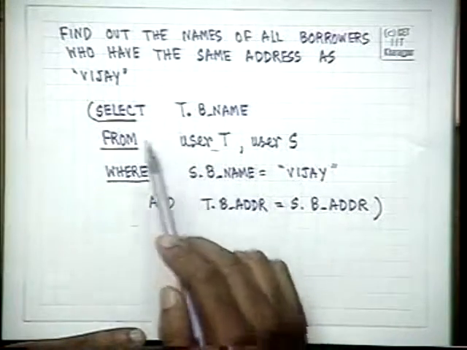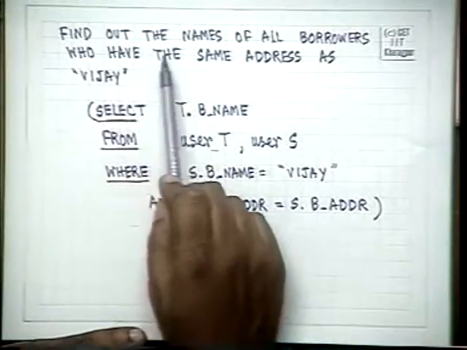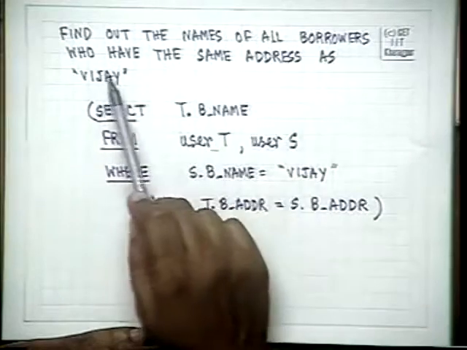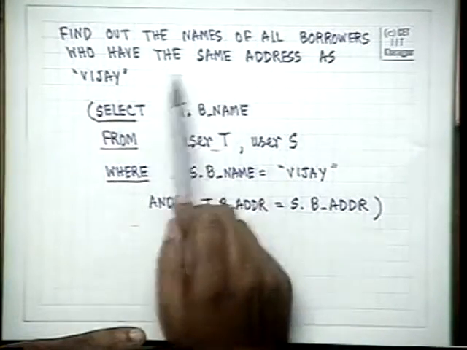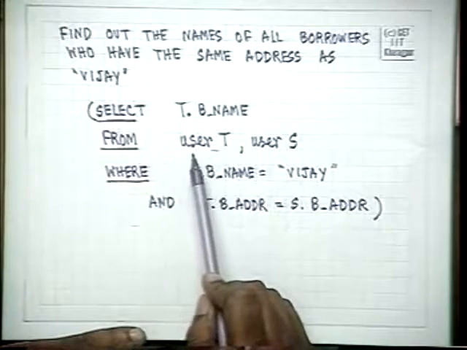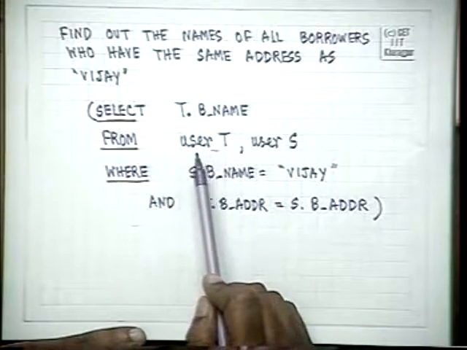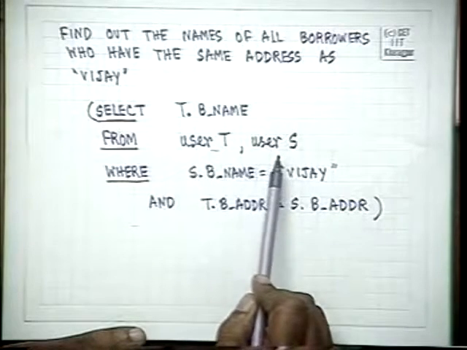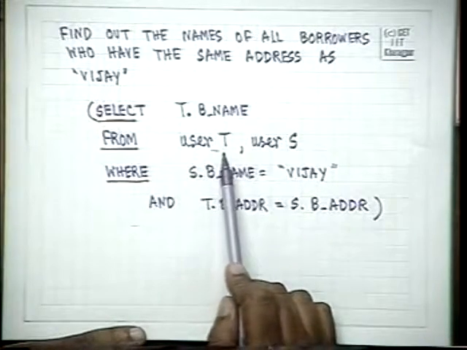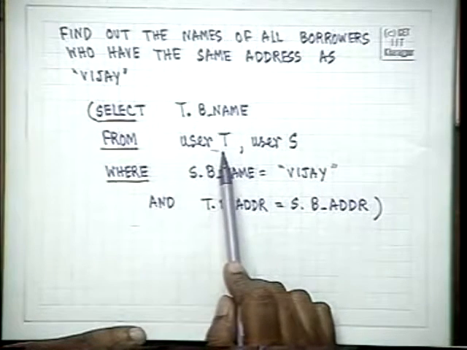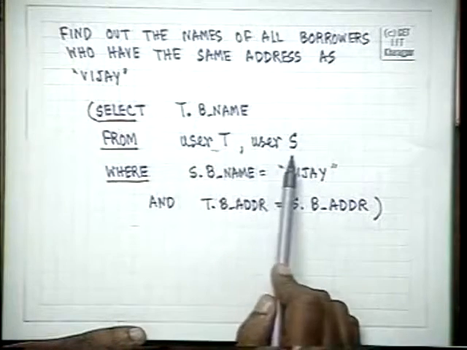We discussed the use of variables when we solved the problem: find out the names of all borrowers who have the same address as Vijay. This name and address of Vijay was available in the user relation. Now we have to use the user relation twice. So we do a Cartesian product of that, and to rename it, we use the tuple variables t and s.